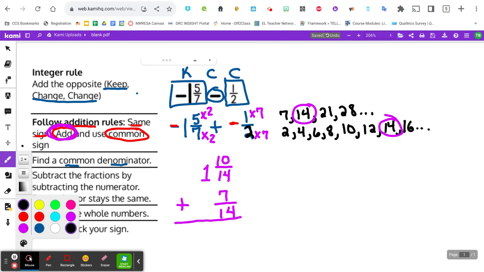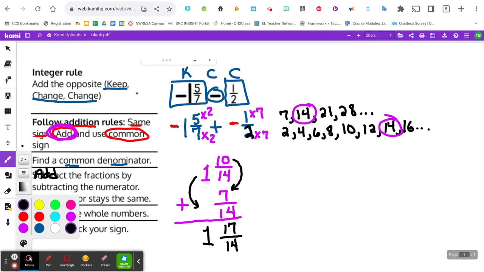Oh my goodness. That should say to add the fractions. And I'll go back and fix that. But anyway, let's add the fractions. 10 plus 7 is 17. The denominator stays the same. So that would be 14. Then we're going to have to add the whole numbers. So 1 plus nothing is 1.